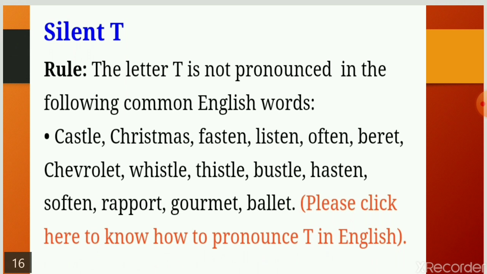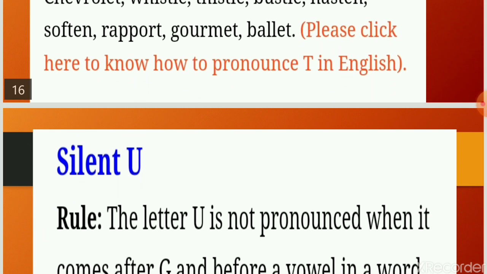So these are some common and some maybe uncommon words where there is a silent T. Hopefully you'll go through them and understand better.